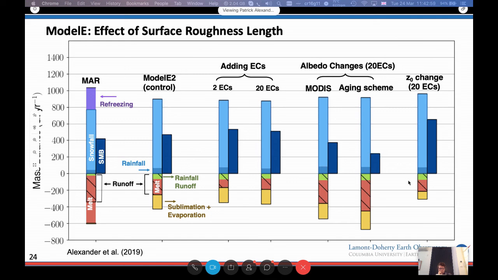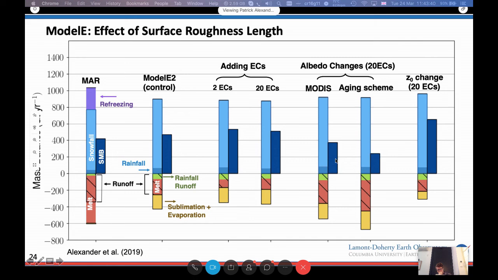In the Model E GCM, the surface roughness length is a function of the topography within a grid cell, and that doesn't happen in the regional climate models. So when we remove that effect, we see a considerable reduction in sublimation, but it's not too clear which is the correct thing to do, so that should be a subject for future research.